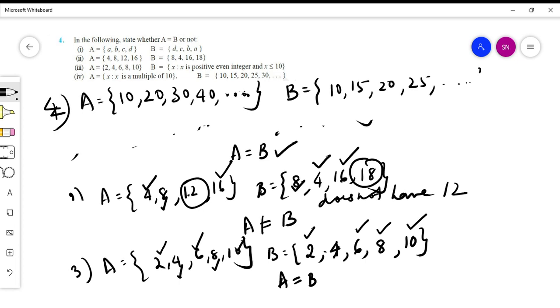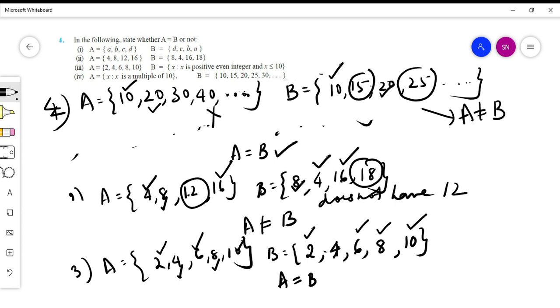When I compare the elements, 10 is present, 10 is also present, 20 is present, 20 is also present, but 15 is present in set B but not in set A. Similarly, 25 is present in set B but not in set A. Therefore, I can conclude A is not equal to B.